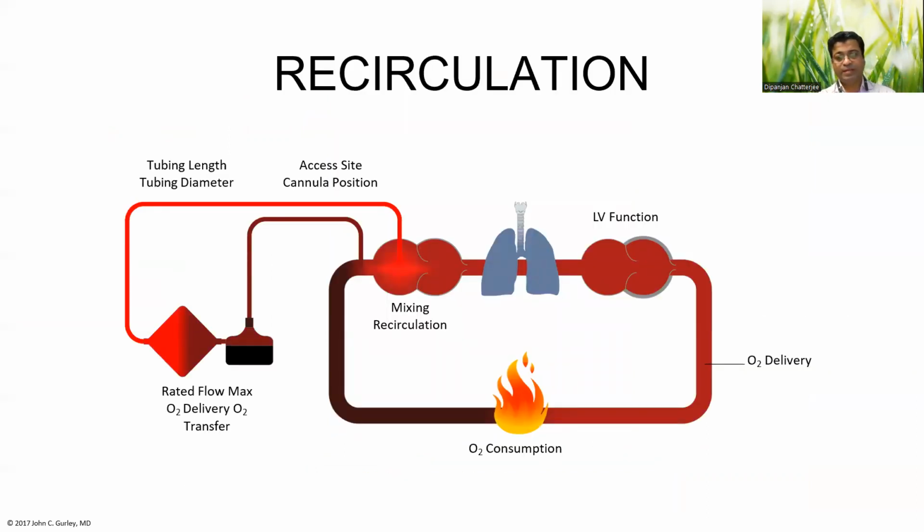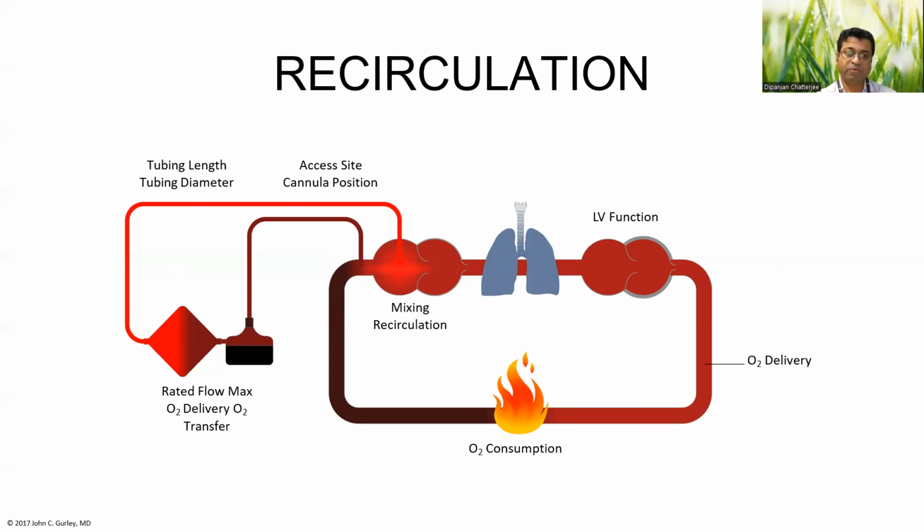One more important thing that determines the oxygenation, that is admixture, is the recirculation. That is, if you have oxygenated blood returning to the right heart, a part of it is again sucked into the drainage cannula.